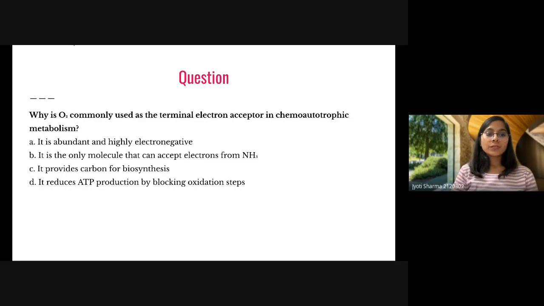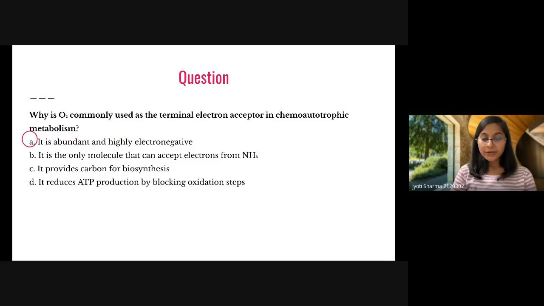The next question is, why is CO2 commonly used as a terminal electron acceptor in chemoautotrophic metabolism? As we already have studied why O2 is the ultimate electron acceptor, because it is abundant and highly electronegative.